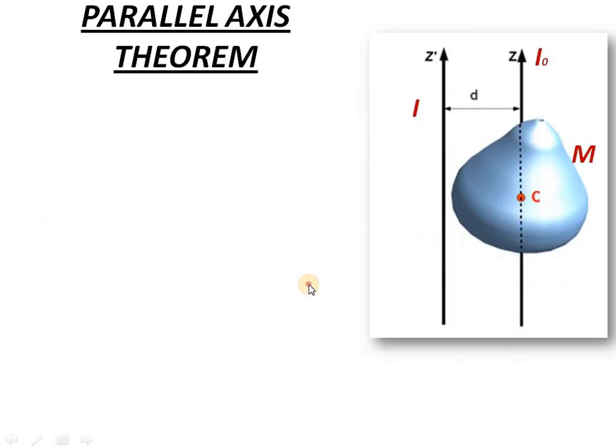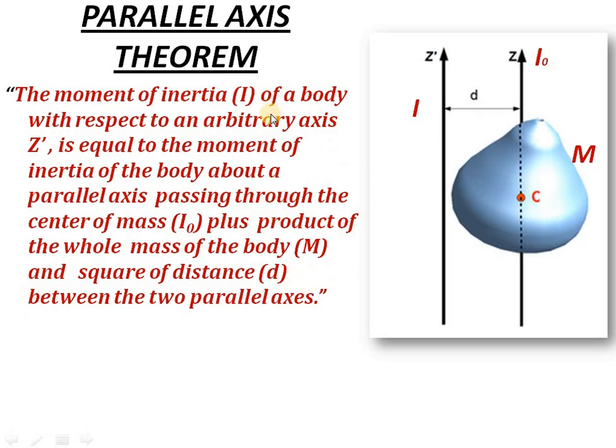Now let us define it in this way. The moment of inertia I of a body with respect to an arbitrary axis is equal to the moment of inertia of the body about a parallel axis passing through the center of mass, that is I0, plus the product of the whole mass of the body and the square of the distance between the two parallel axes.